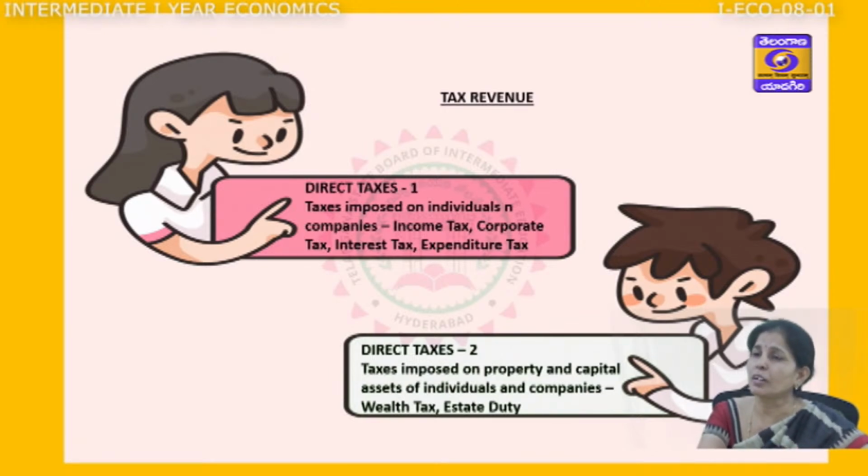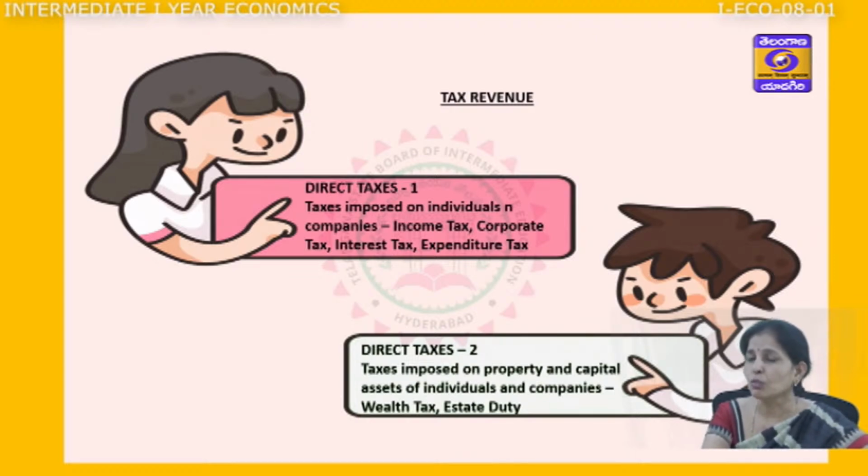They are income tax, corporate tax, interest tax, and expenditure tax. There is one more direct tax, which is imposed on property and capital, that is assets of individuals and companies. These taxes are wealth tax, estate duty, etc.